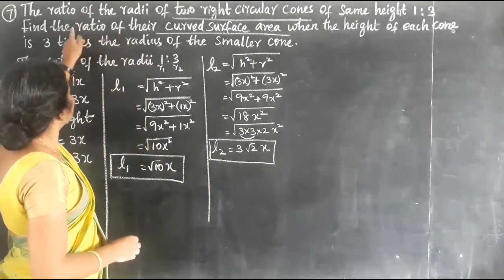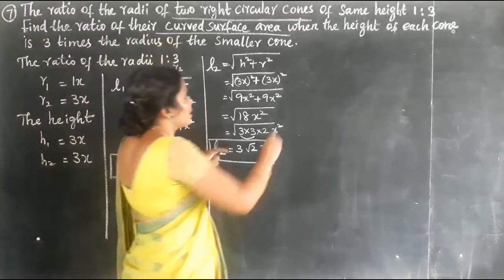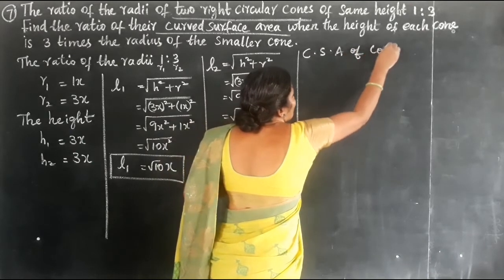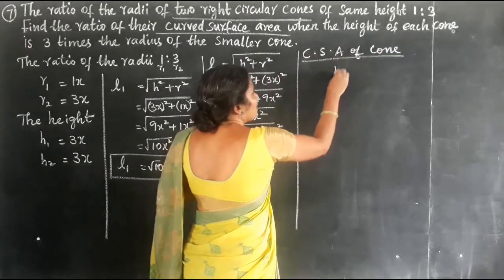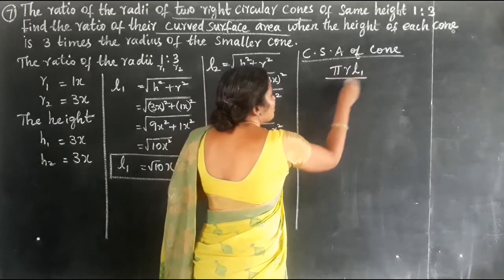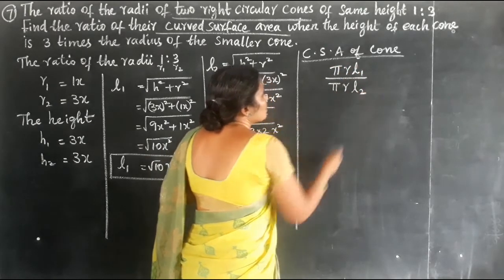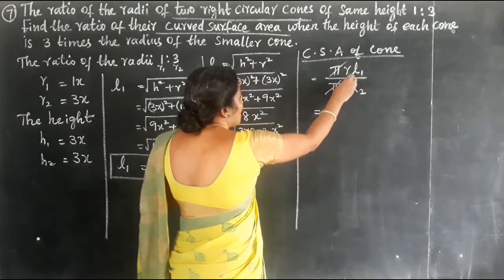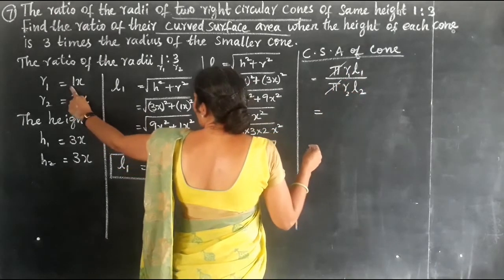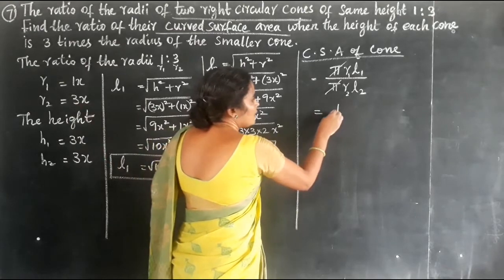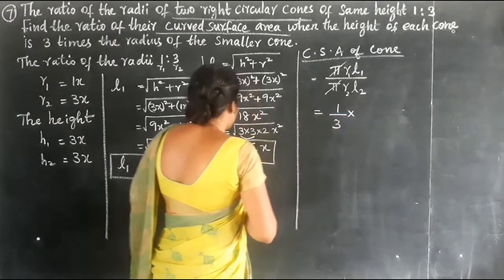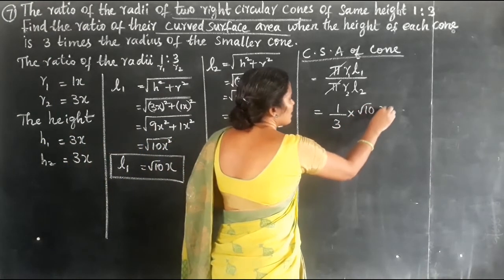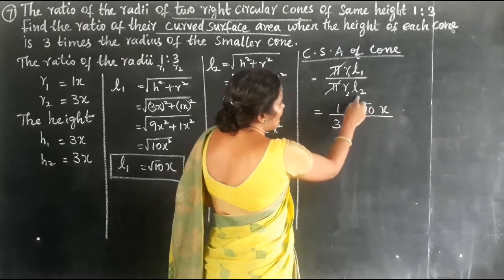Now let us find the ratio of the curved surface area. So CSA of the cone is pi r L1 divided by pi r L2. Okay, now substitute the values. You can cancel pi. R1 and R2: here R1 is 1 and R2 is 3. So 1 divided by 3 into L1. What is L1? Root 10x, divided by L2.